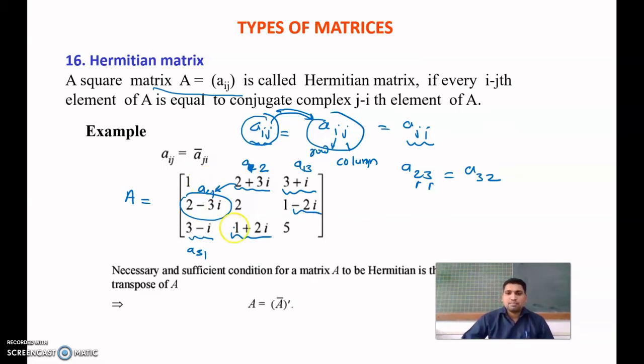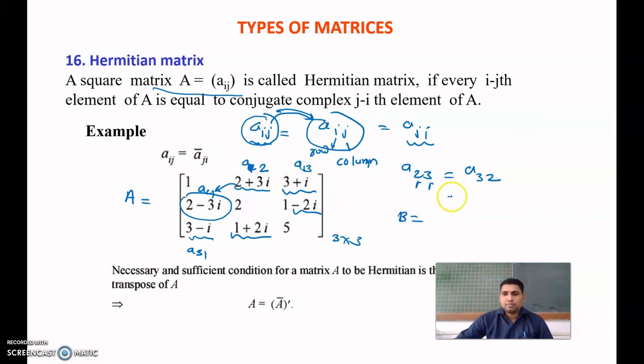This is a square matrix, it means it is 3 by 3, and when we interchange row and column numbers, the element which we get is a complex conjugate of the earlier element. So this is an example of a Hermitian matrix. I will give you another example.